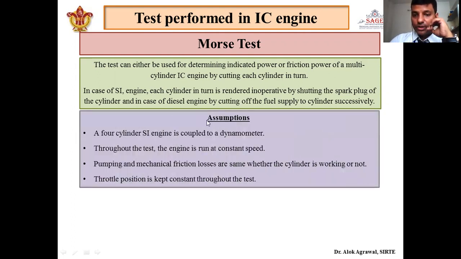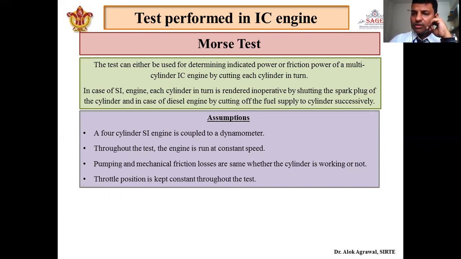Okay. So there are some assumptions that we have to take. So what are the various assumptions? The assumptions are that a four-cylinder SI engine is coupled to a dynamometer. Throughout the test, the engine runs at constant speed. So we have to make the engine run at constant speed. We have to consider that pumping and mechanical friction losses are the same whether the cylinder is working or not.